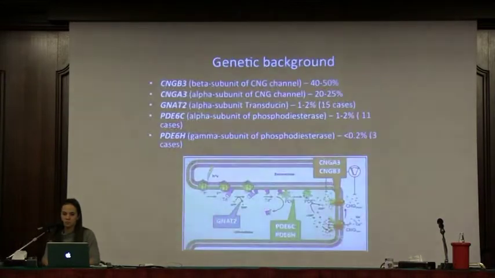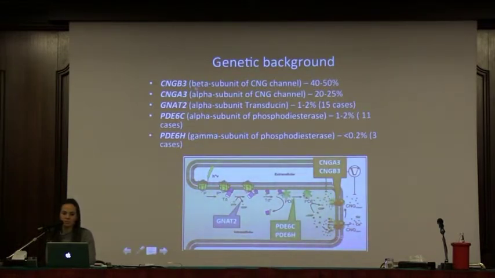The genetic background of achromatopsia has been discussed in detail, so I'm not going to go into detail again. But as Susanne Kohl has already mentioned, CNGB3 is the most common form. CNGA3 accounts for 20 to 25% of all cases, and there are some other mutations where we only know a few cases.